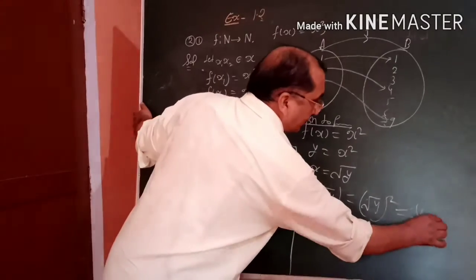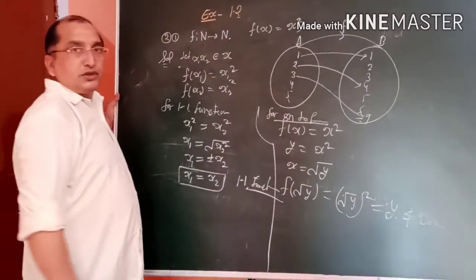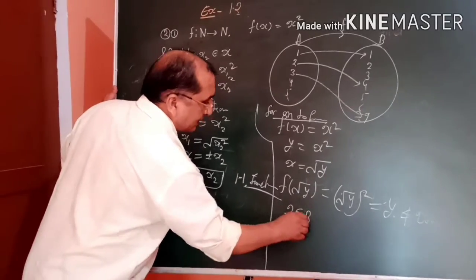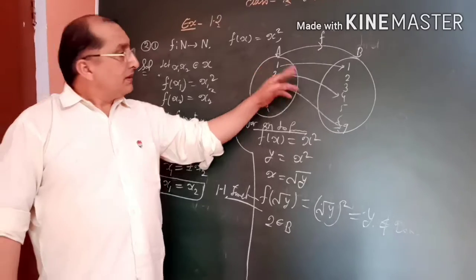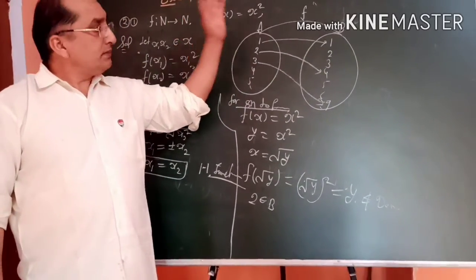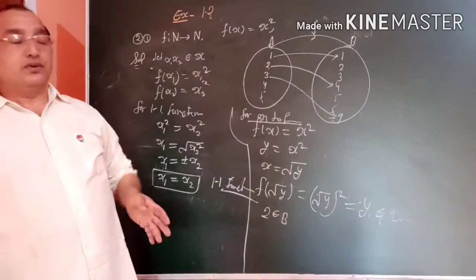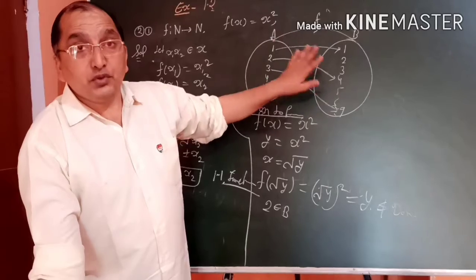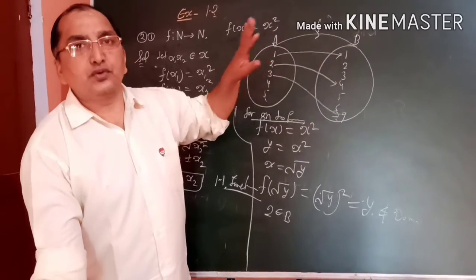So this does not belong to the domain part. Although 2 belongs to B, 2 is not the image of any element of A. 3 also belongs to B, but 3 is not an image of an element of A. And that day I told you, onto function means all the elements of B must be the image of at least one element of A. So this is known as onto function.